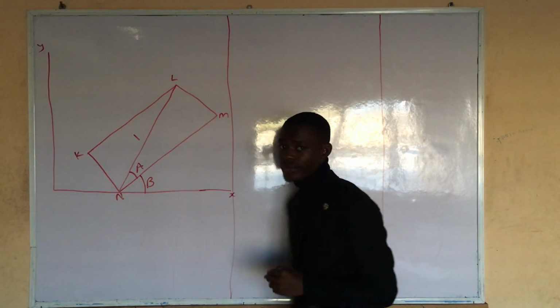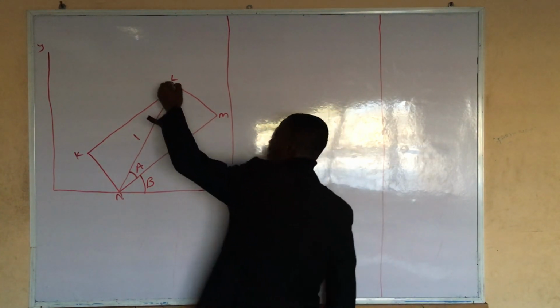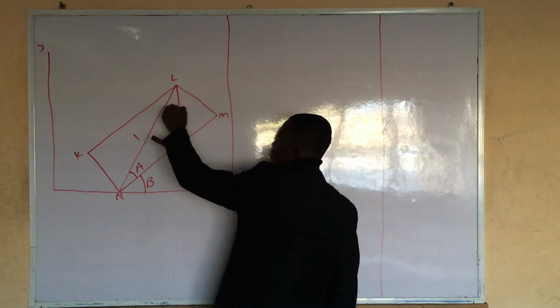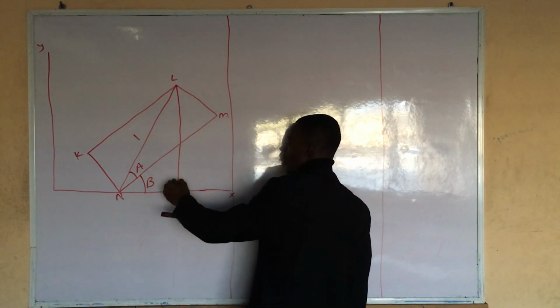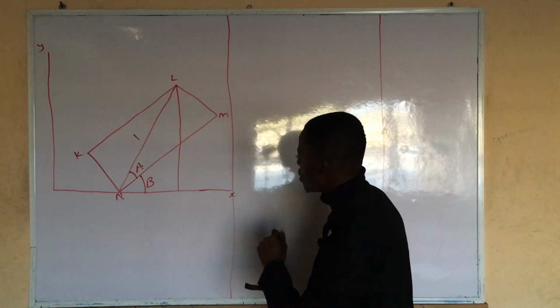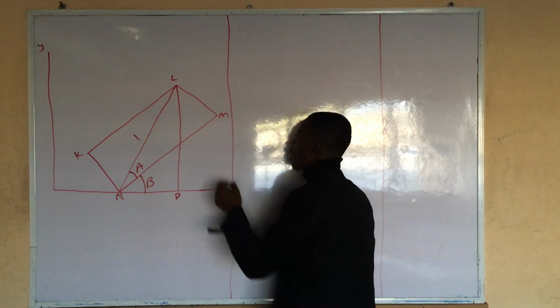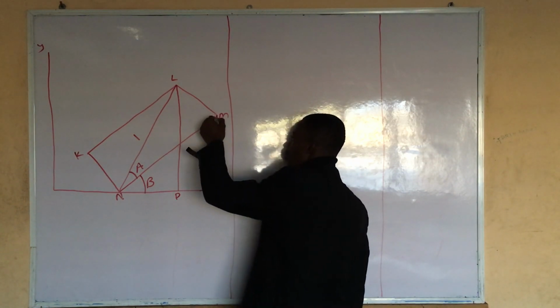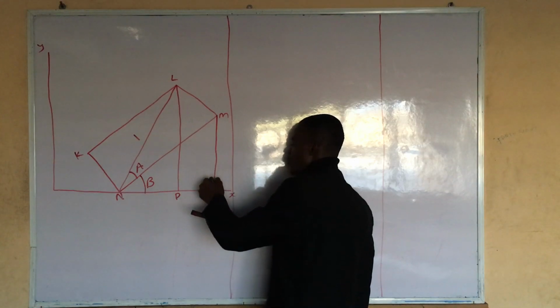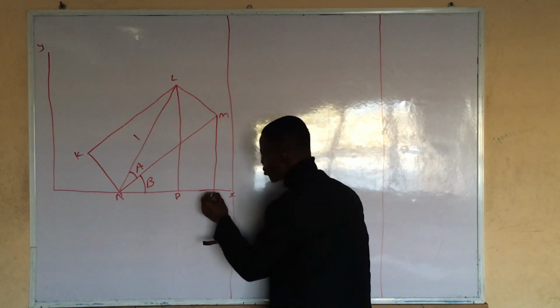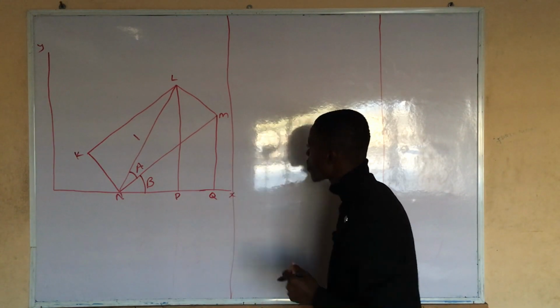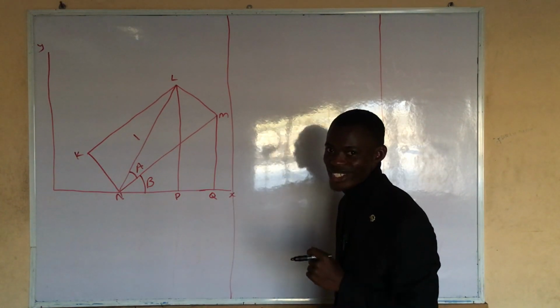Okay, perfect. Extending point L all the way downward, we meet the x-axis at P. And extending point M all the way downward, we also meet the x-axis at Q. Perfect. Now, one more extension.